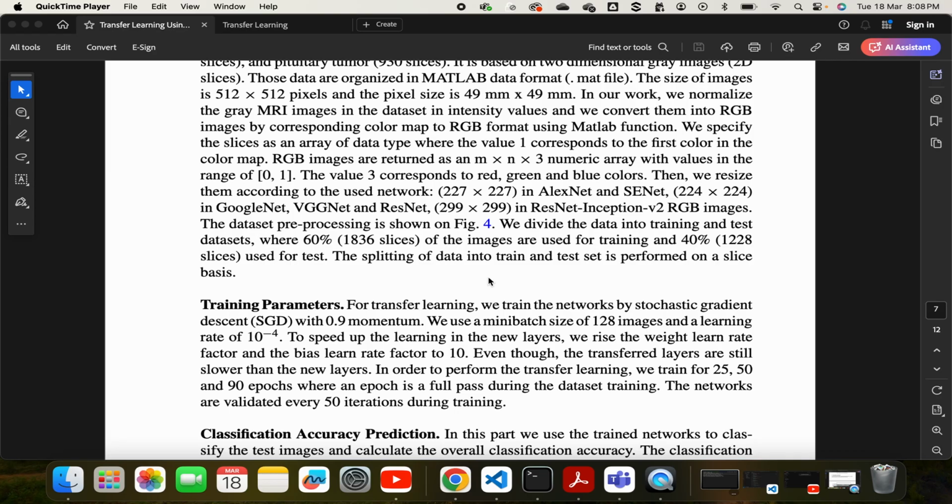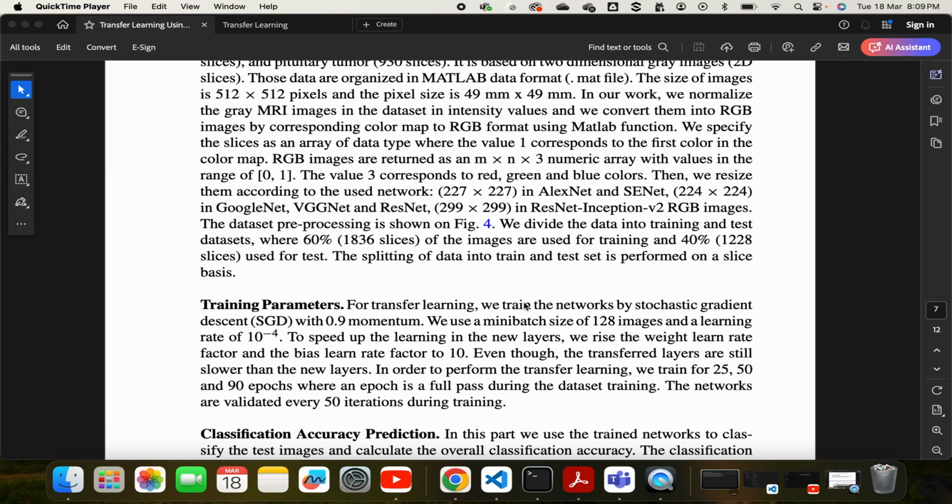For the model training parameters for transfer learning, the models were trained using a stochastic gradient descent optimizer with a momentum of 0.9 to stabilize updates. The learning rate was set to 0.001 to allow gradual fine-tuning of the network weights, and a batch size of 120 images was used to balance memory efficiency and training speed.